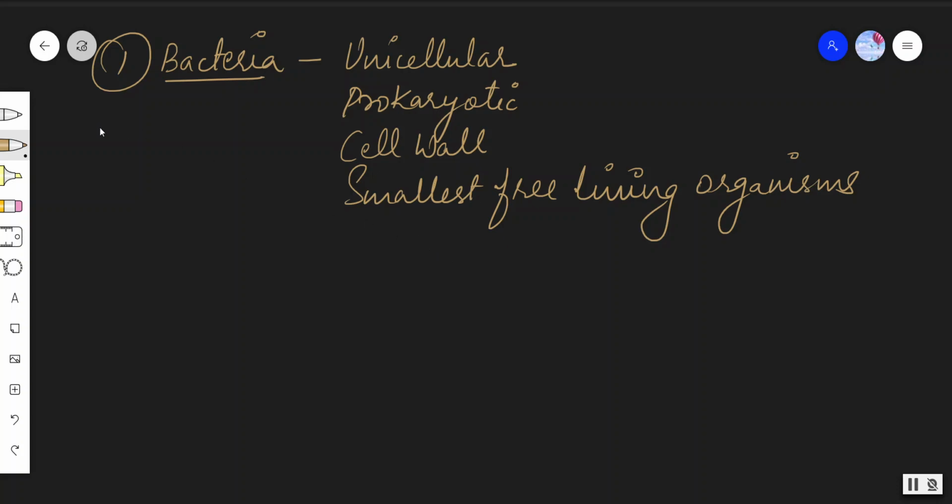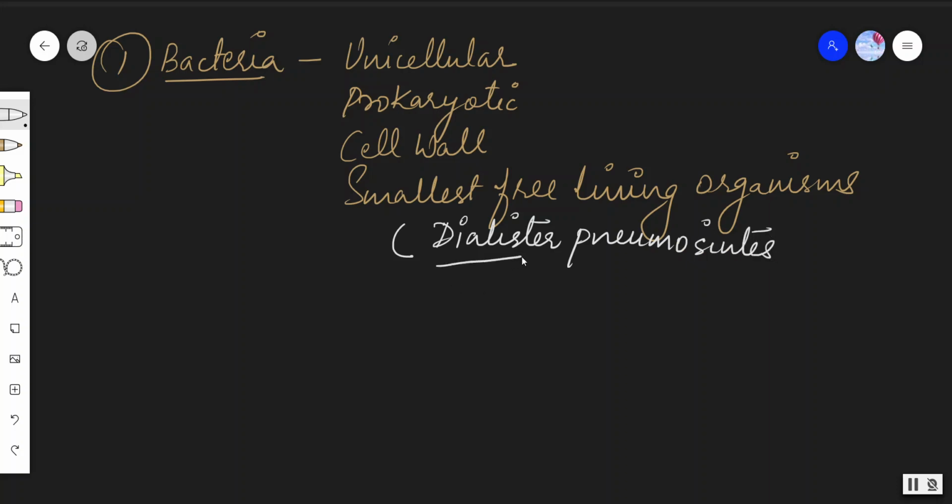Okay, and the smallest bacteria known is named Dialister pneumosintes. Its size is 0.15 μm.